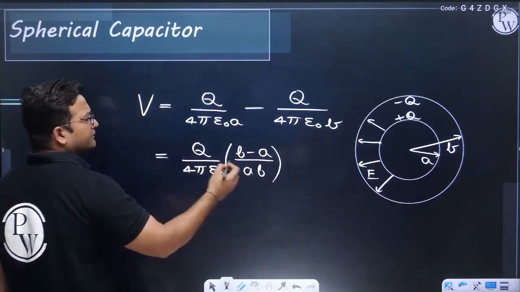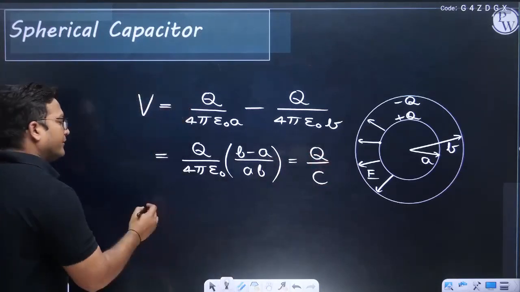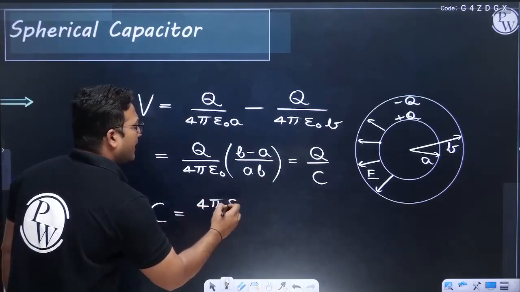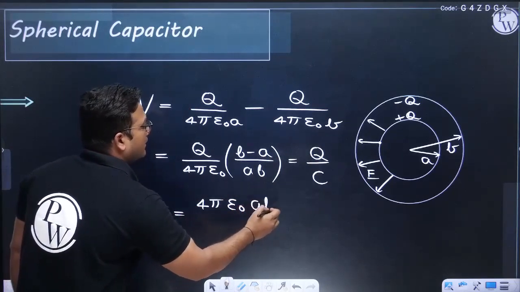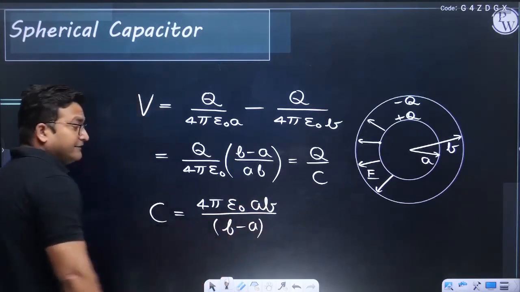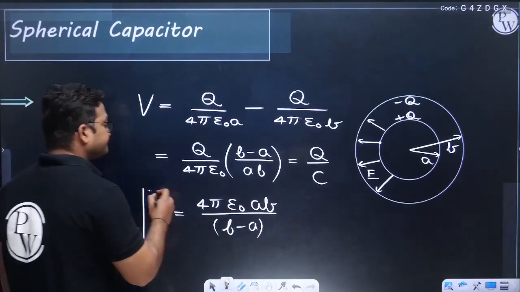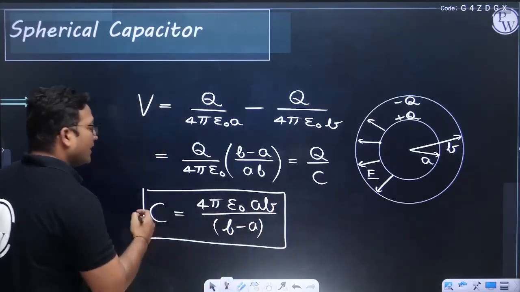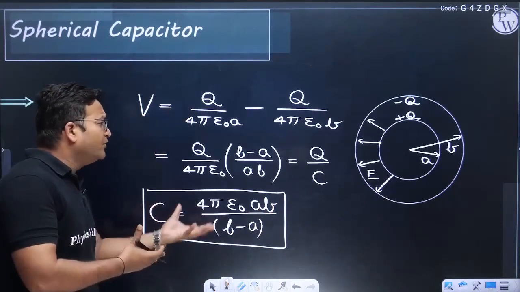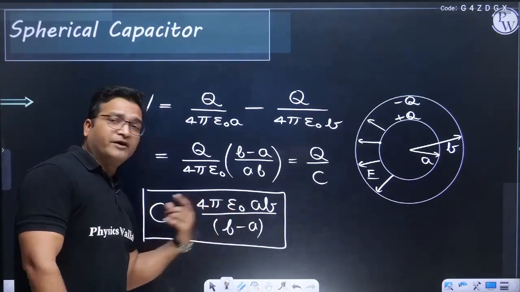If you compare this with Q by C, you will notice C equals 4 pi epsilon naught AB divided by (B minus A), which is the capacitance of a spherical conductor. Though it is not very important that you remember the proof, you should just memorize the formula.